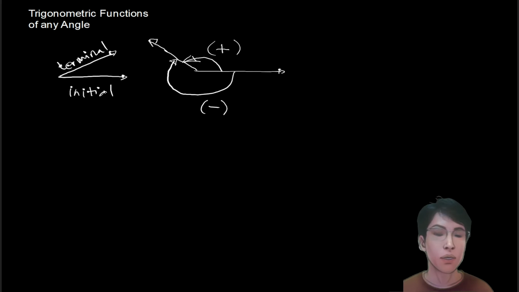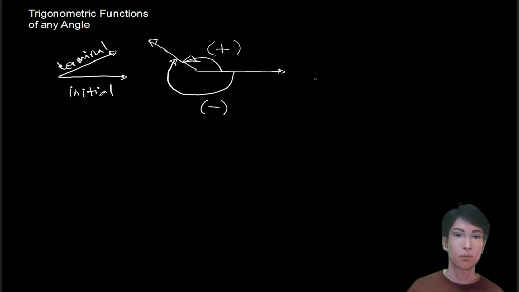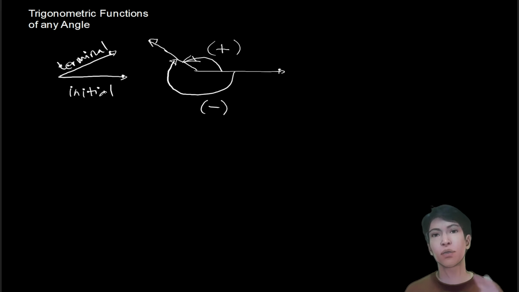There's no specific reason why counterclockwise movement is positive and clockwise movement of an angle is negative. It's a customary one.